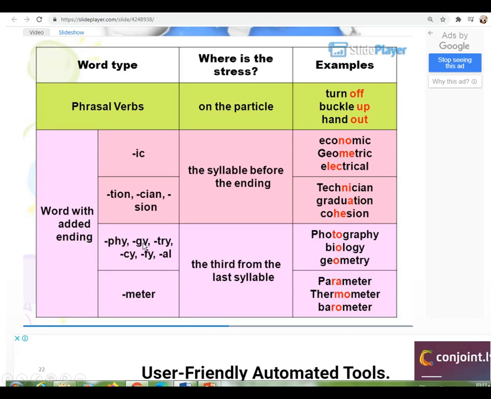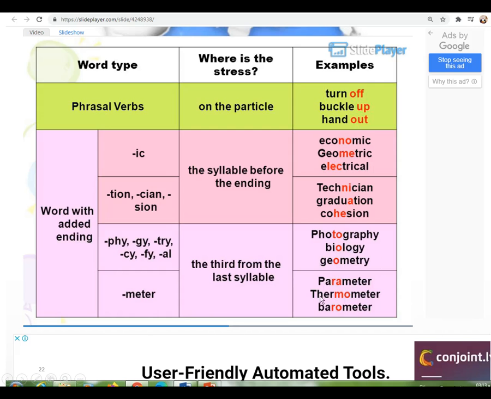And we have also the suffixes phy, gy, try, cy, fy, al, and also the suffix meter. All of these, we put stress immediately before them. For example, here photography before graphy, biology before logy, geometry before metry.